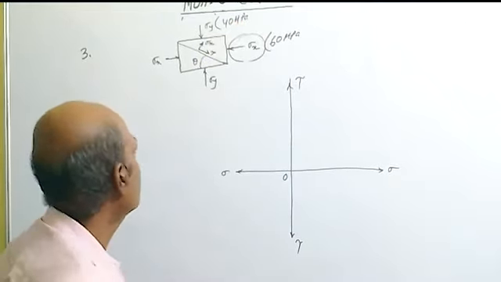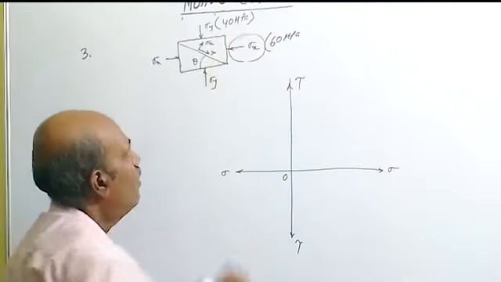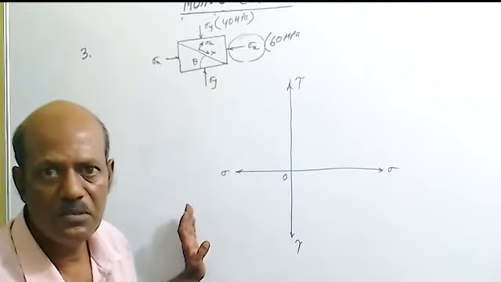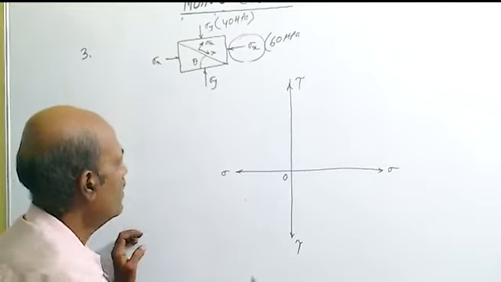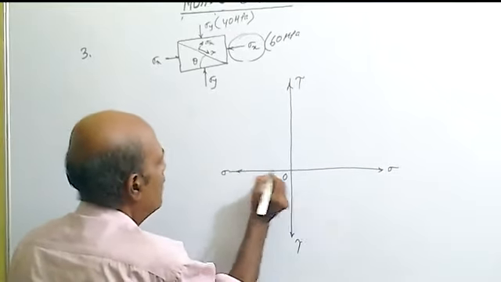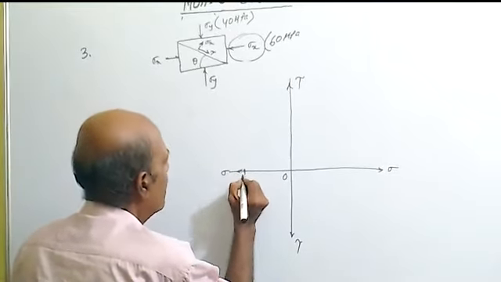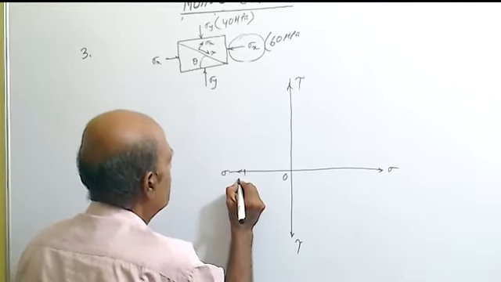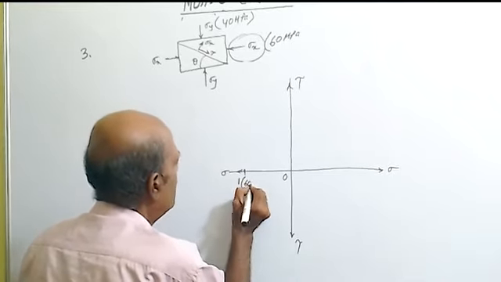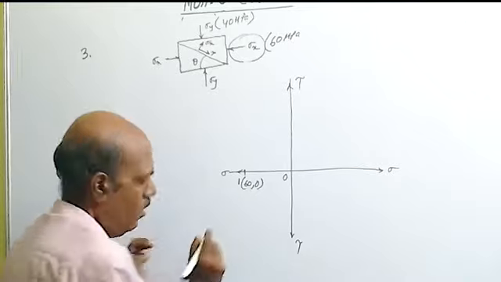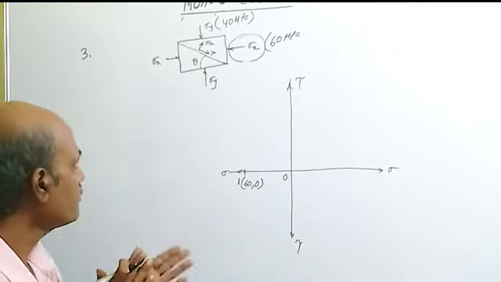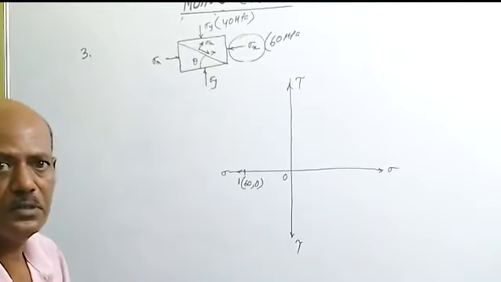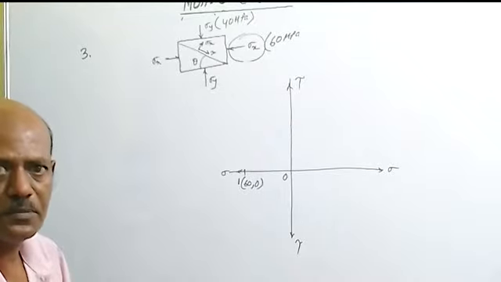On the x face, only sigma x is acting, tau is 0. So 60 megapascal by some scale. Say this is 60, 0. So this point is point 1, (60, 0). This is the first point obtained from the x face.